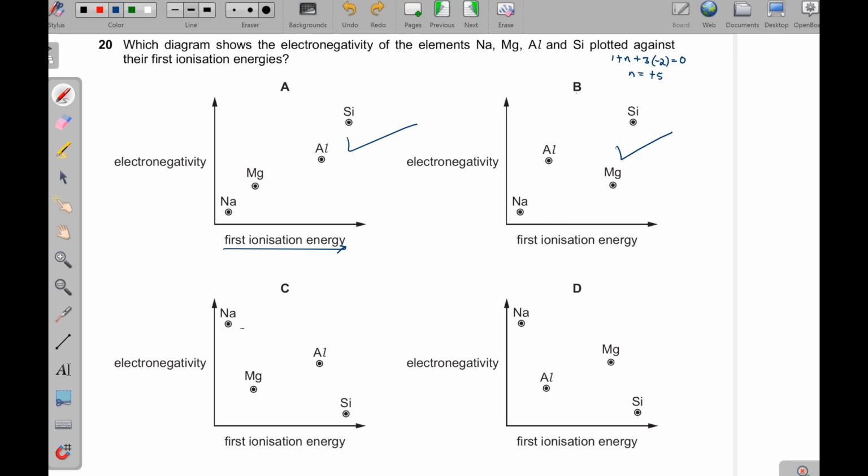Now, when these ones are decreasing, that first ionization energy decreases across the period as you continue to silicon, so these two have to be wrong. Generally, the first ionization energy increases. So let's look at A and B.